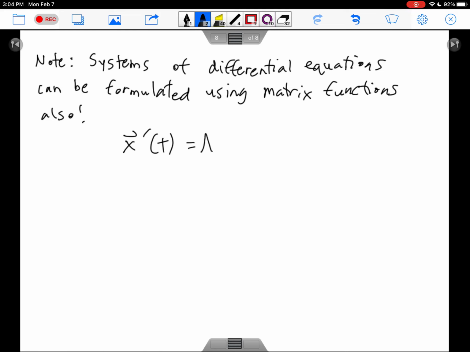So this is what it looks like. When you do a differential equation using matrices, it looks like this. X prime of t equals A of t times x of t plus b of t. This is what the matrix form of a system of differential equations looks like. Or the vector form, either way, right? We've got a matrix and a vector in here.